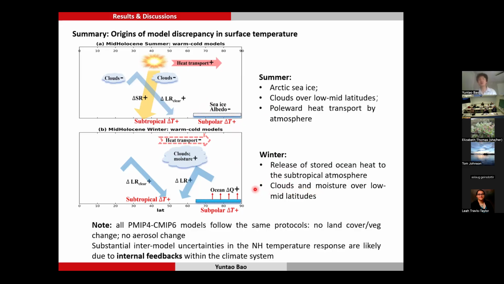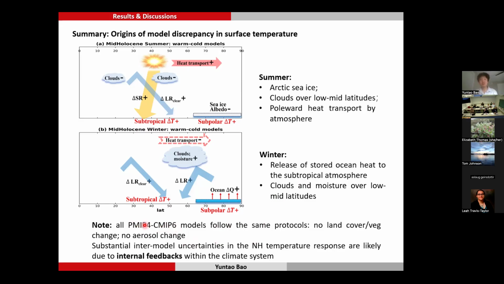This is the new thing we should highlight, because we know that even in present-day climate, models have a lot of uncertainties in simulating clouds. So these uncertainties inherently will also exist in our paleoclimate simulations. And here I should again highlight one thing.